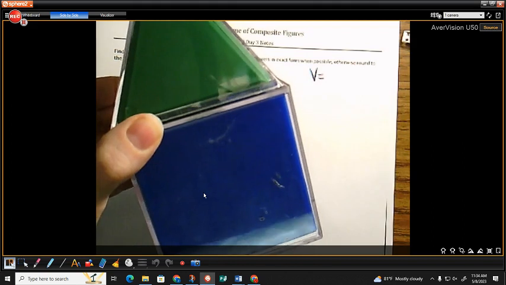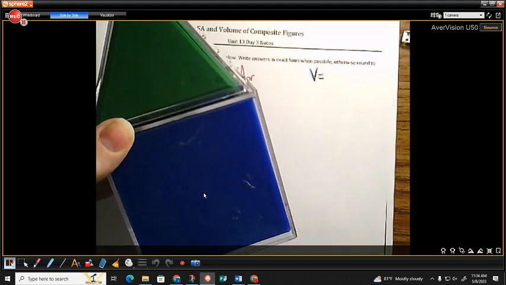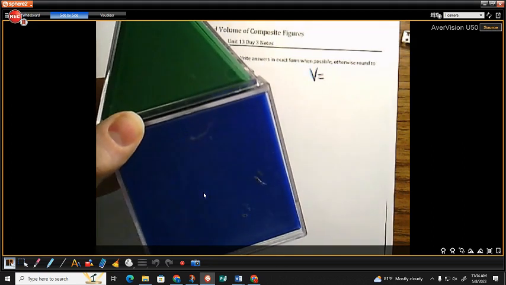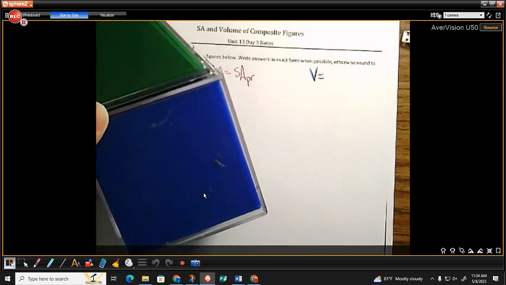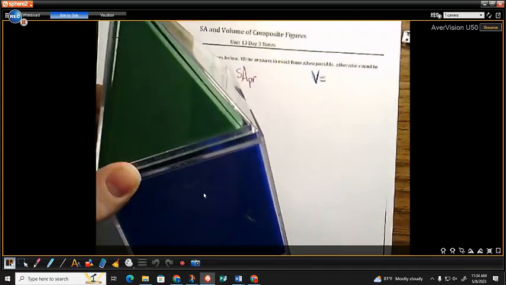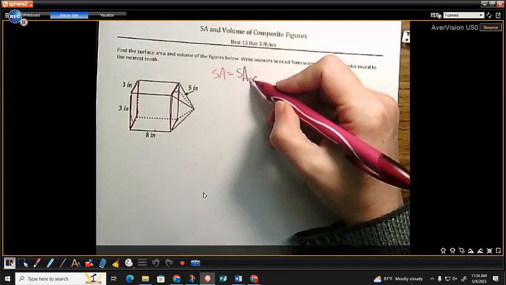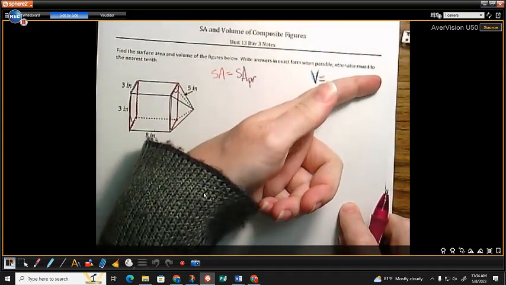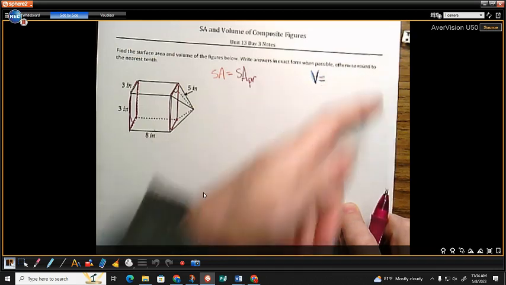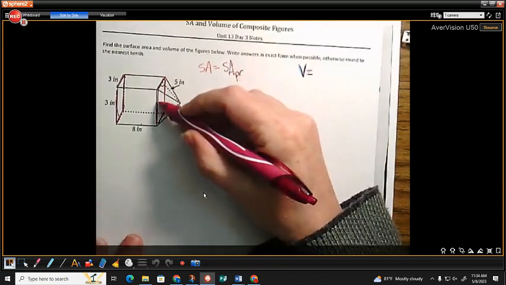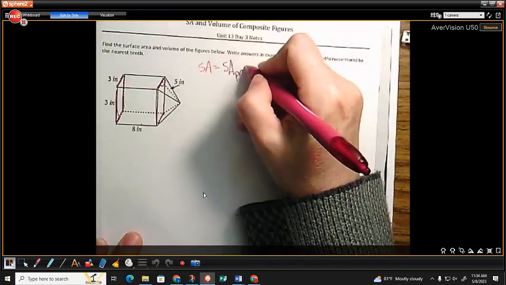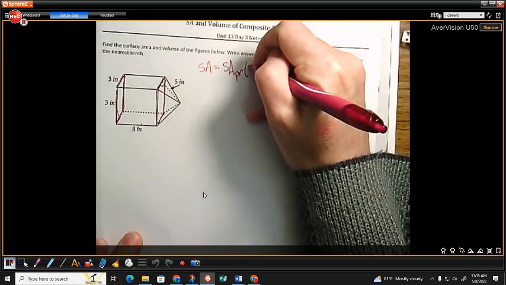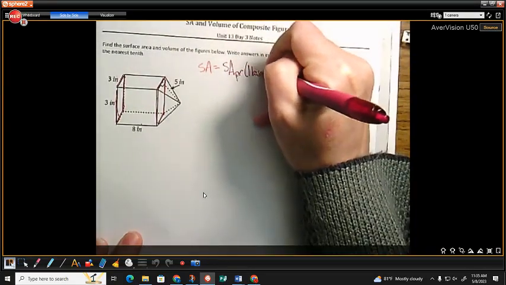For some people, thinking in 3D can be very hard to conceptualize, and so this may be a challenge. But this top face of this prism is covered up by a pyramid. So I'm doing the whole surface area of my prism, except am I doing both bases? No. One base is covered up. So I'm going to do the surface area of my prism, but only with one base.